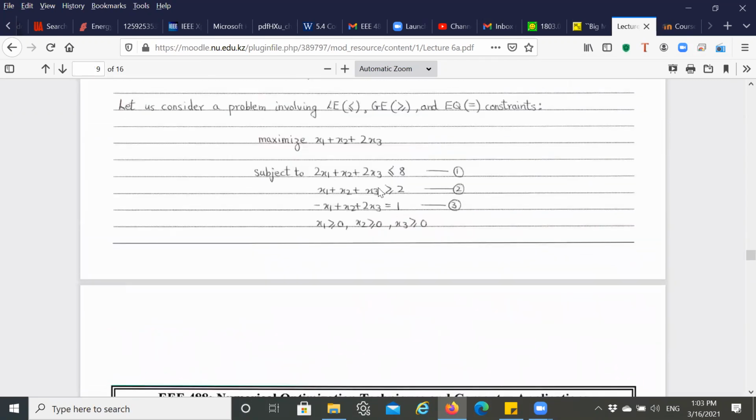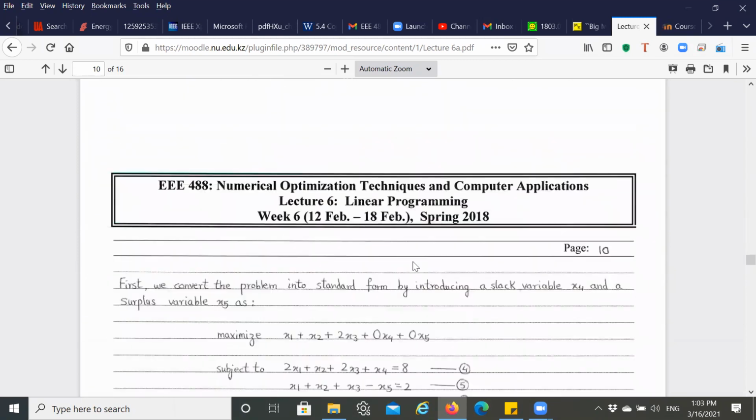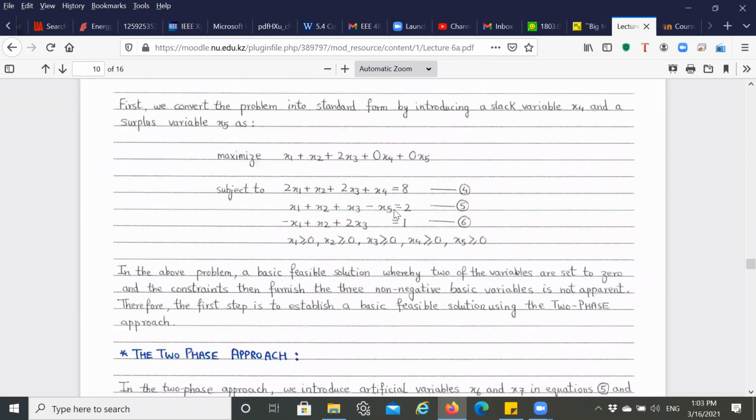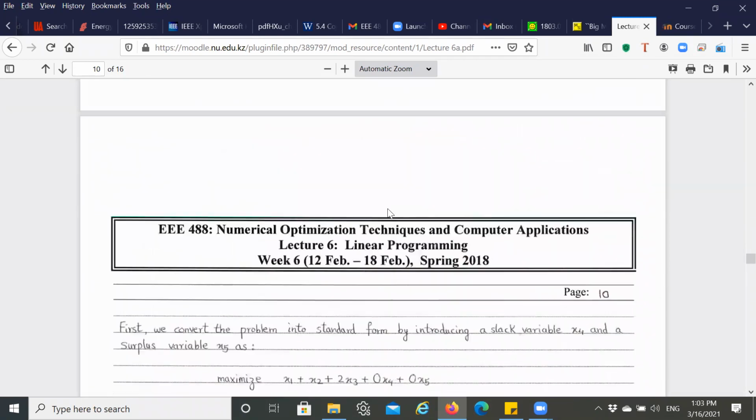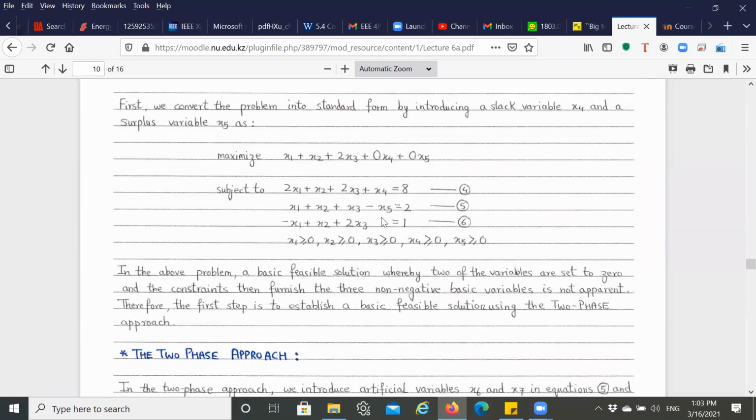Then this is greater than, so we subtract x5, which is a surplus variable. And over here, we did not do anything. So if you look over here, we have not added the auxiliary variables, right? So we need to add an auxiliary variable here, and we need to add an auxiliary variable here, because this is the greater than or equal to constraint, and this is the equality constraint. So these two we have to add, whether it's the big M method or the 2-phase method.